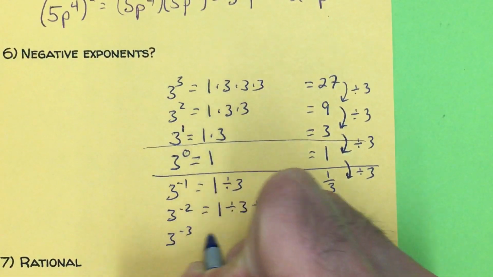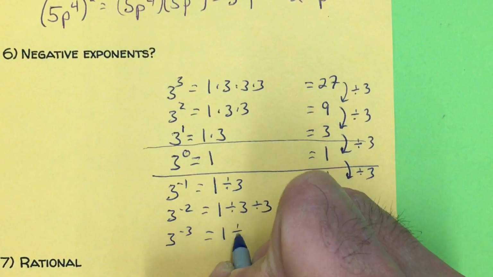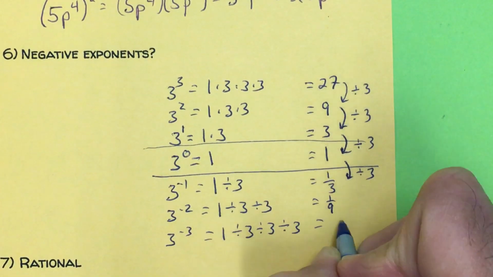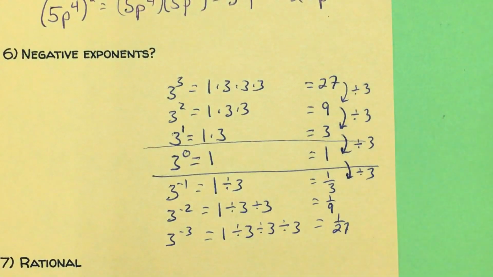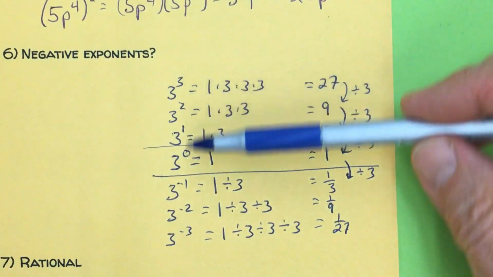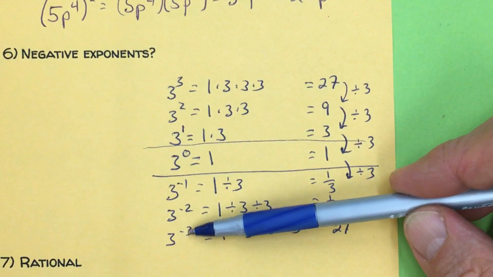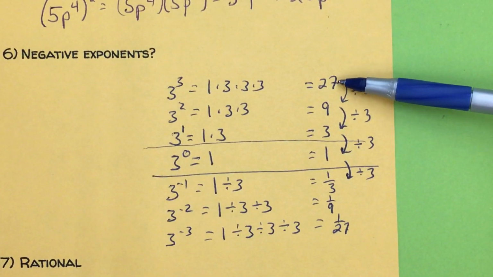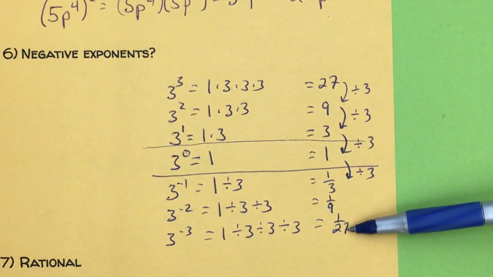And 3 to the negative 3 power equals 1 divided by 3, divided by 3, divided by 3, which is 1 over 27. So are we saying that if I have a third power and a negative 3 power, it's the reciprocal? 27 over 1, 1 over 27.